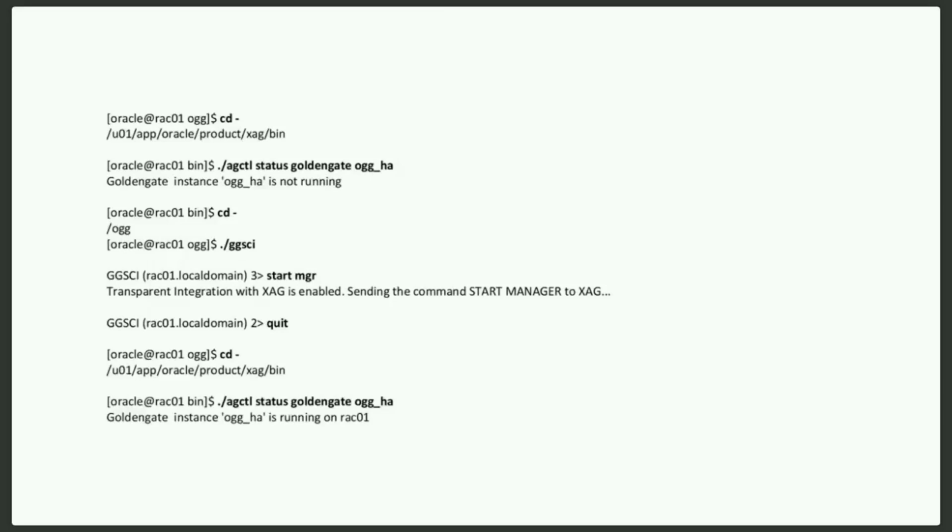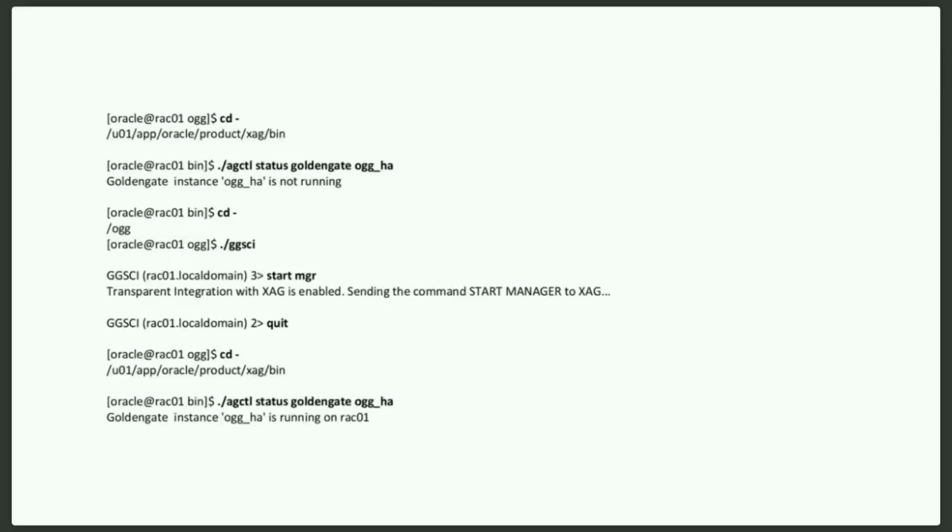If I start the manager, because of the integration with the grid infrastructure agent, I run the command and it now shows me that the GoldenGate instance is running. So stopping and starting the manager from within GoldenGate, because I have xag enable defined in my globals file, enables GoldenGate to communicate with the grid infrastructure agent.